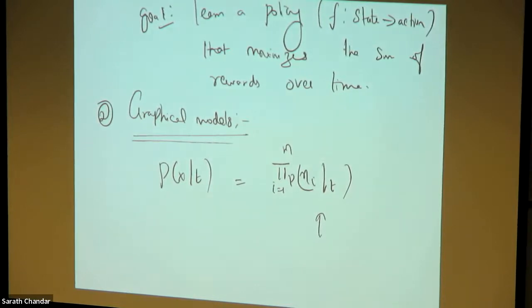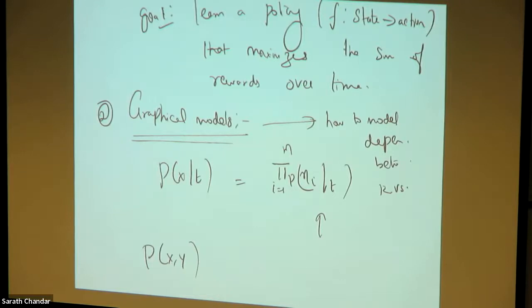However, naive Bayes is actually one of the simplest forms of graphical model. The whole field of graphical models is about how to model dependencies between random variables. Now we are interested in modeling p of x comma y, right?